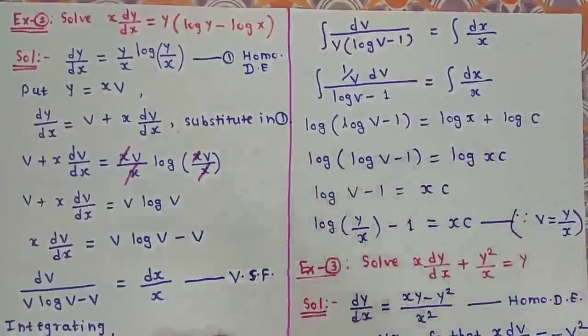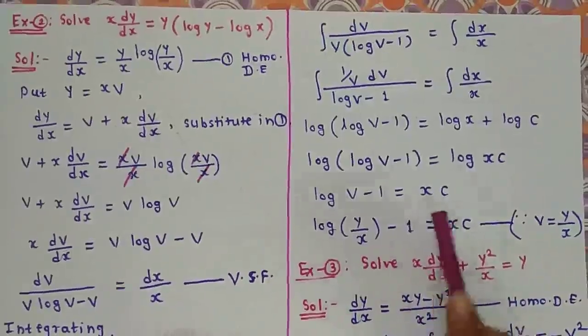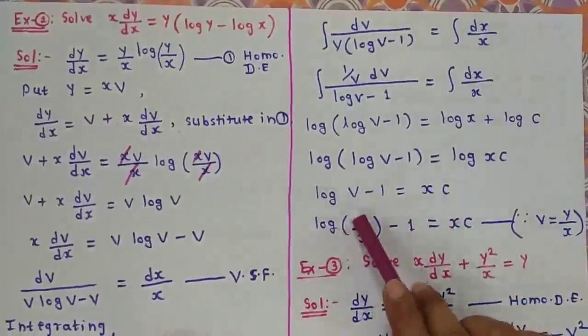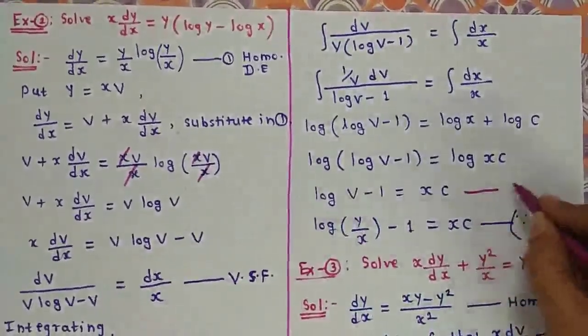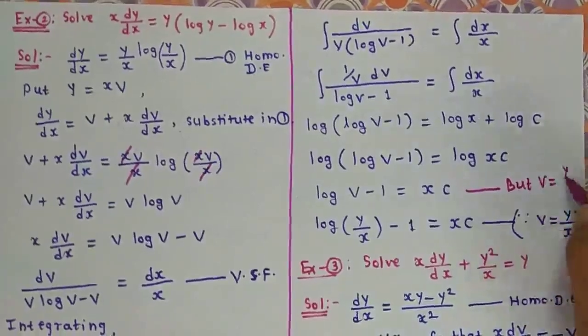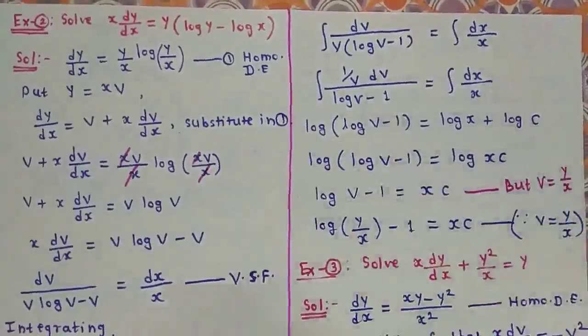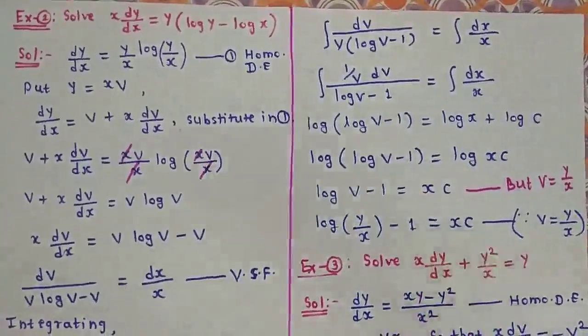So simply we remain with log v minus 1 equals xc. Finally we rewrite the value of v. We know v equals y by x, and hence the required solution is log y by x minus 1 equals xc.